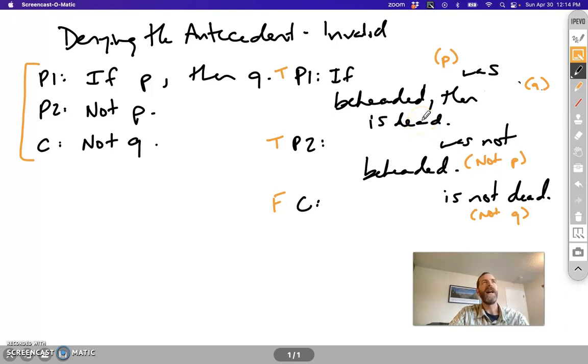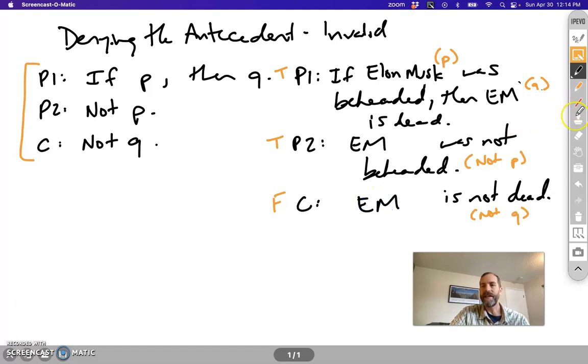Okay, so let's consider the Tesla CEO, Elon Musk, let's say. Well, if Elon Musk was beheaded, then Elon Musk would be dead. That's true. Elon Musk was not beheaded. That's true. And Elon Musk is not dead. That is also true. Okay, so you can have an argument with all true claims, including a true conclusion.